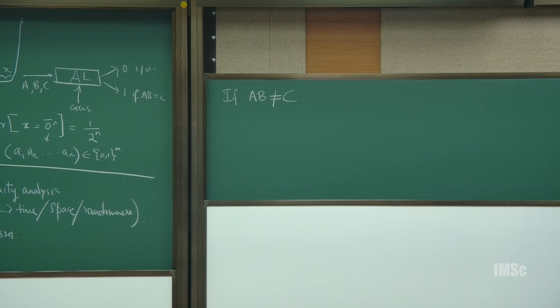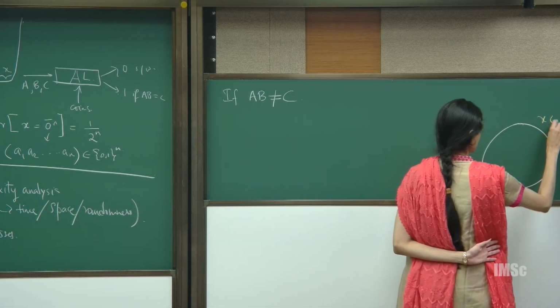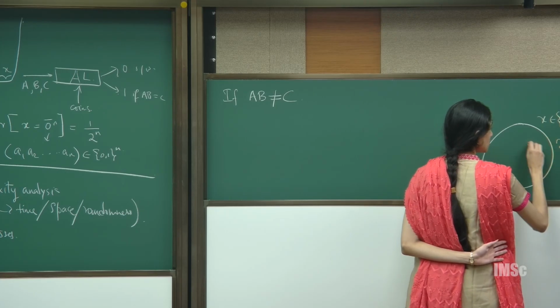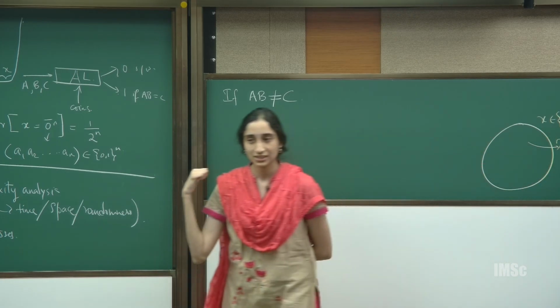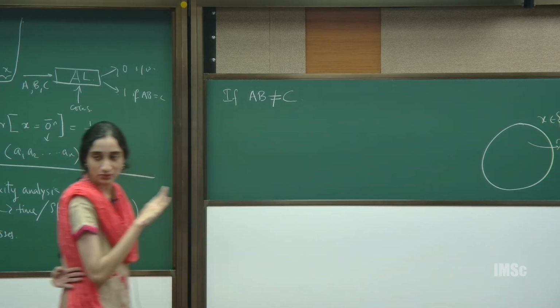Probability depends on the number of x. Correct. So there is this whole world of x's which are possible. Totally there are 2 to the n possible choices for this x. Some of them may be good, some of them may be bad. So what is bad? First we have to define that.